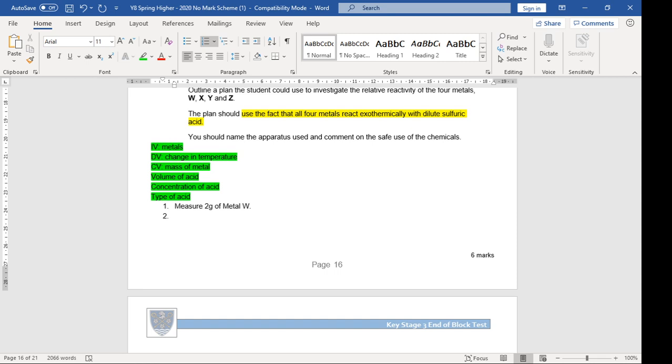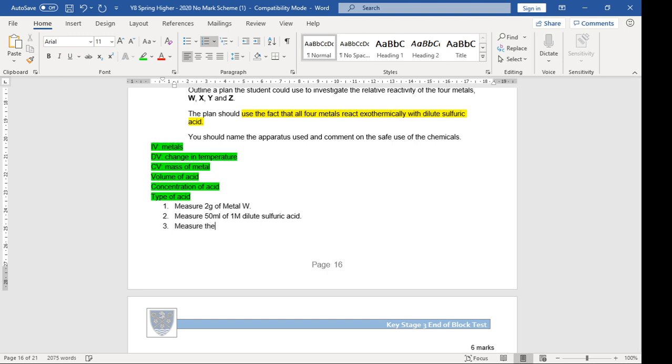It's not going to flow over the beaker or anything. And then we'll measure 50 millilitres or centimetres cubed of 1 molar dilute sulfuric acid. So now I've covered mass of metal, concentration of acid, type of acid, and volume of acid.